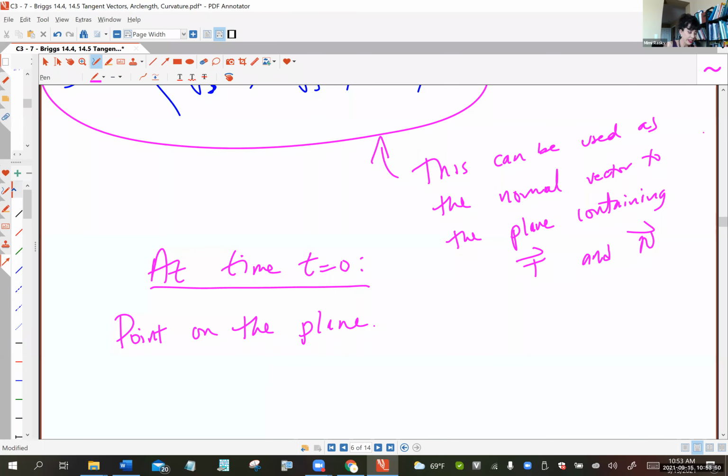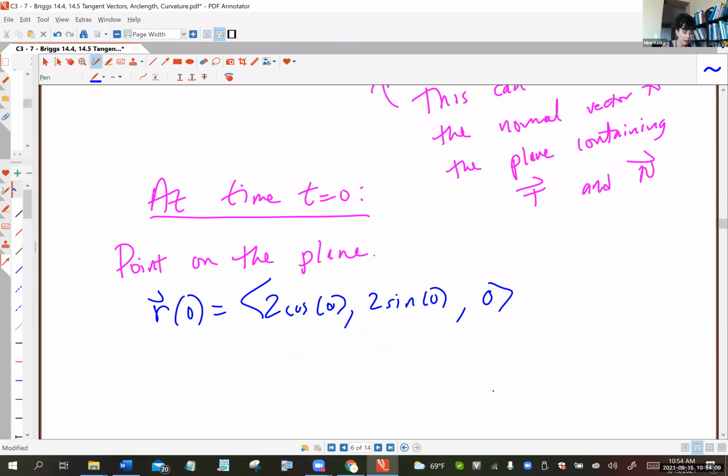So the answer to that is you use your original curve, your position vector, r, and you evaluate it at 0 seconds. So the r of t, if I substitute 0 for t, I get 2 cos 0, 2 sine 0, 0, and that will give you a point on the plane, and I get 2, 0, 0. So there's a point on the plane.